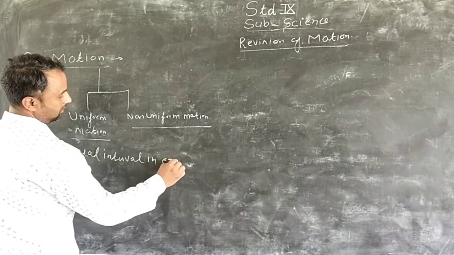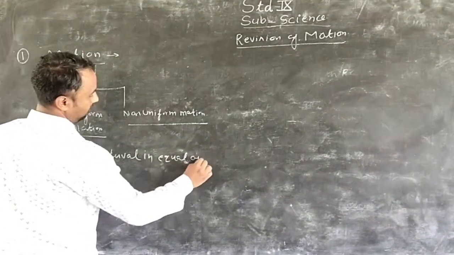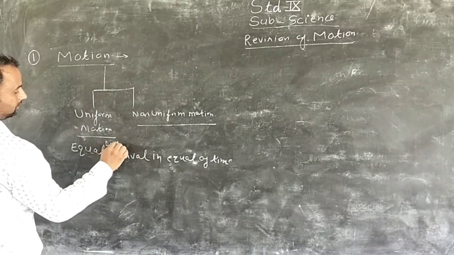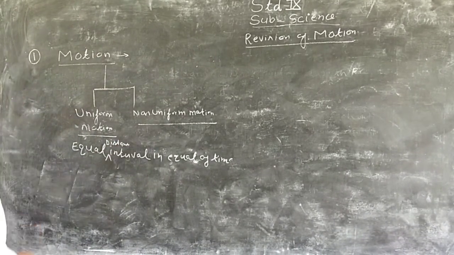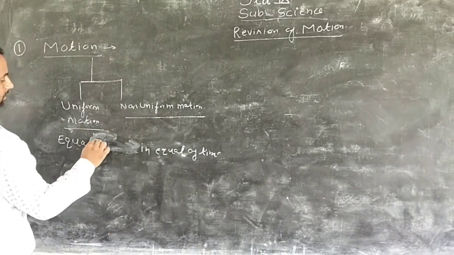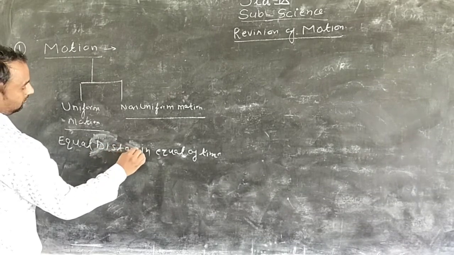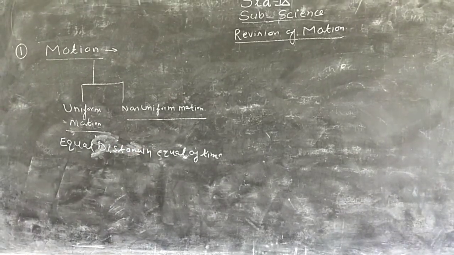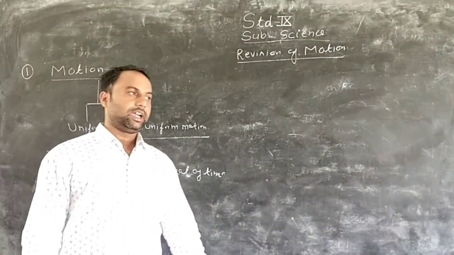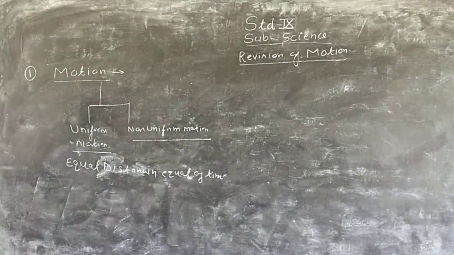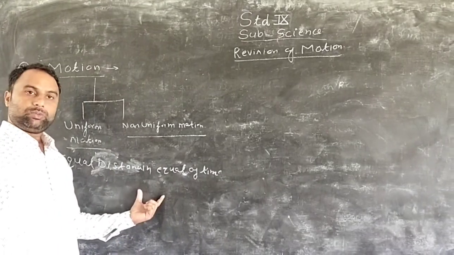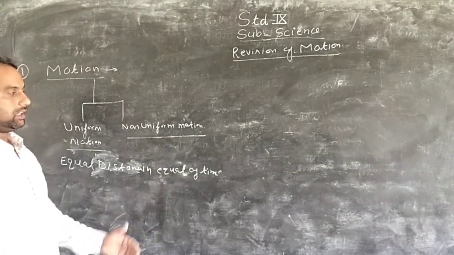It means if a particle is moving with a velocity of 1 meter per second, it covers 1 meter in 1 second, 2 meters in 2 seconds, and 3 meters in 3 seconds.